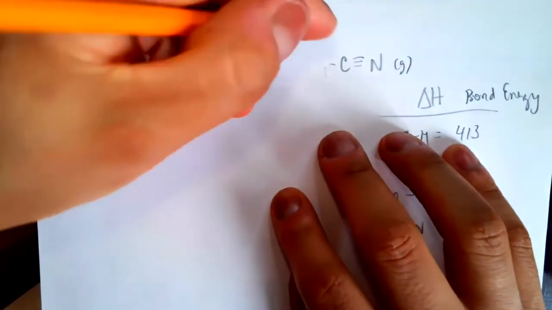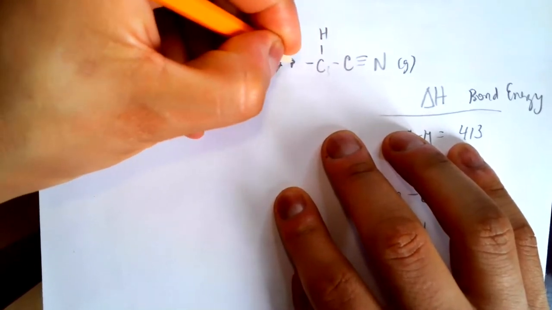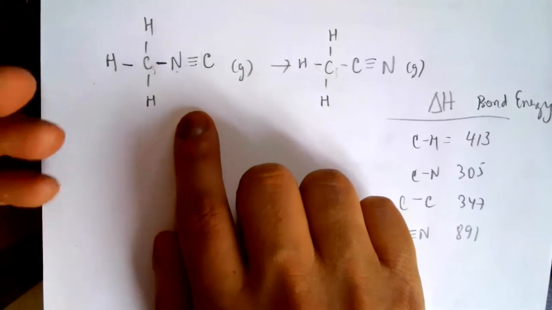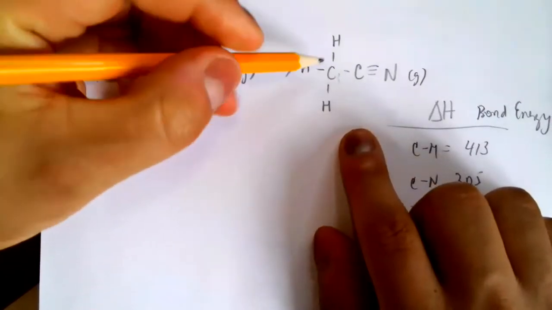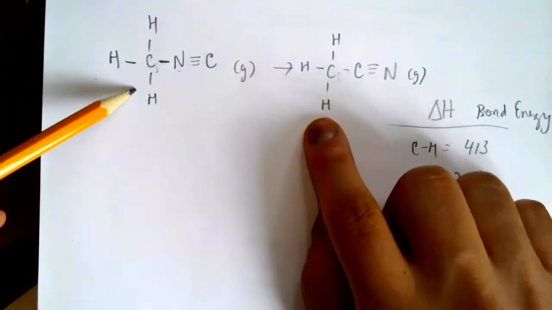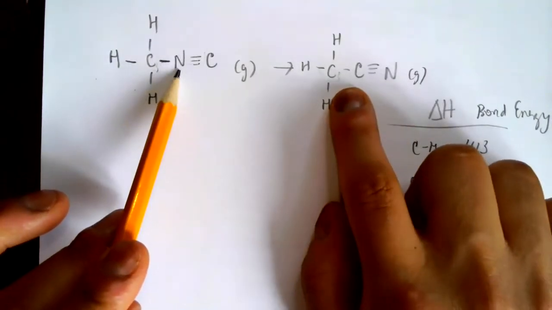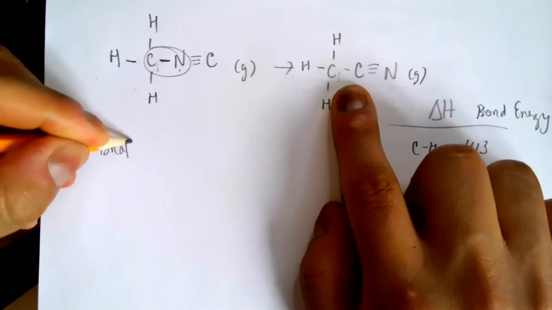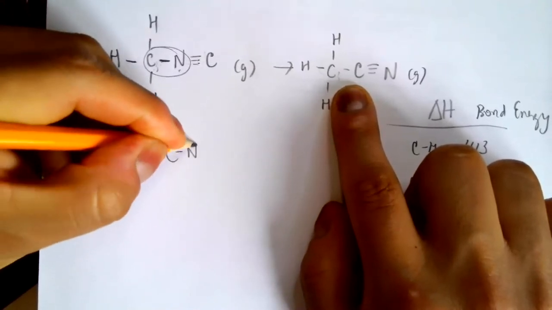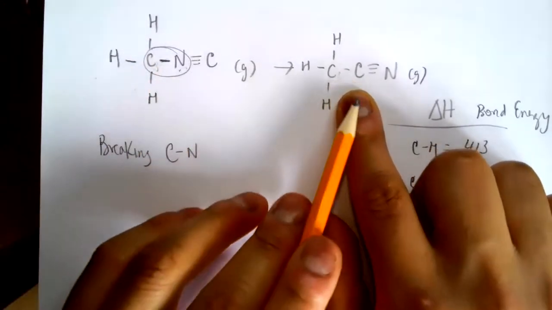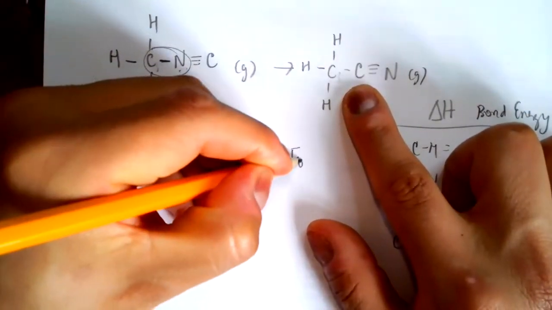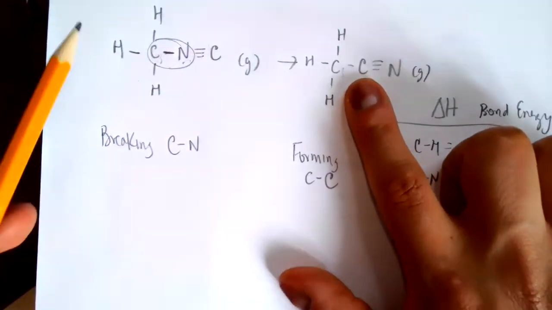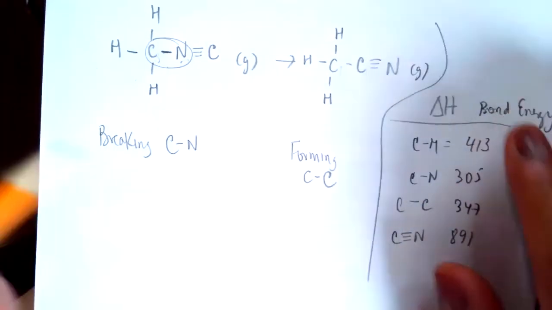Maybe I should write it as it is. So really the bond is C-N. The C-H bonds are neither broken nor formed. I don't see that C-N anymore, so I'm breaking C-N. Here I'm forming C-C. That's the difference between the two sides.